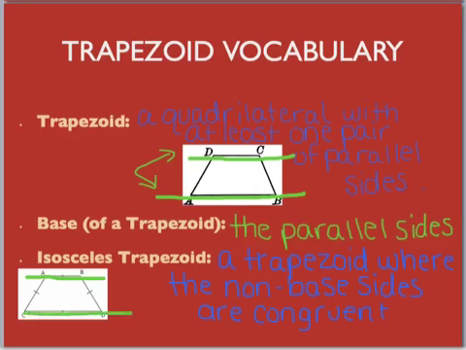Those are your parallel sides. But then notice that your other sides, this one and this one, are congruent to each other. That's what makes it an isosceles trapezoid. If you've got one pair of sides that's parallel, and then another pair of sides that are congruent. Okay, so keep that straight, parallel and congruent.